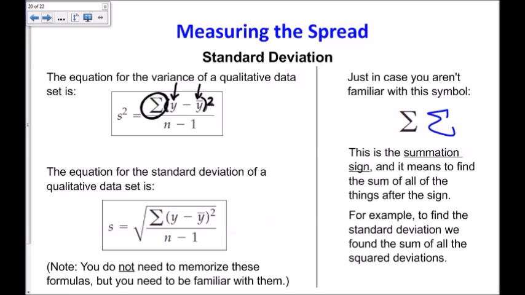And then to find the standard deviation, we took the square root of that number. We'll talk more about these formulas. You do not need to memorize these formulas. We will almost always use a calculator to calculate them, but you need to be familiar with where they come from. It gives you a really good intuition with these numbers.